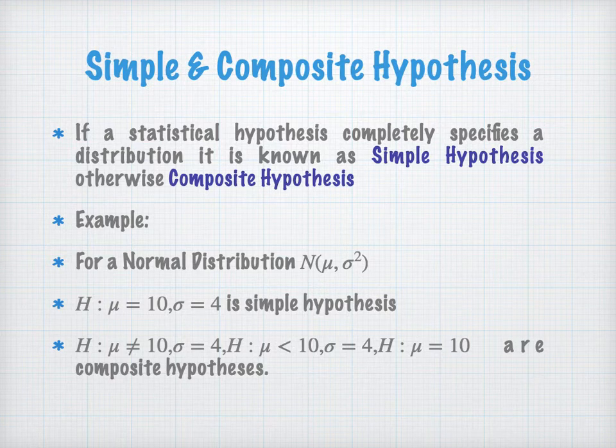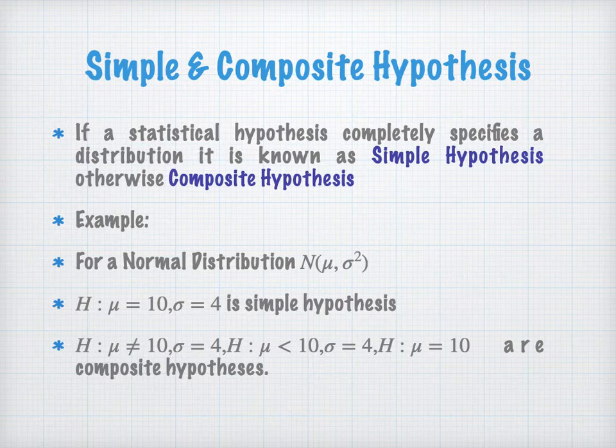But it is said that mu is not equal to 10, and they have not given what mu is. In the previous one, in the simple hypothesis, mu took the value 10 and sigma took the value 4. So there we knew mu is 10 and sigma is 4.